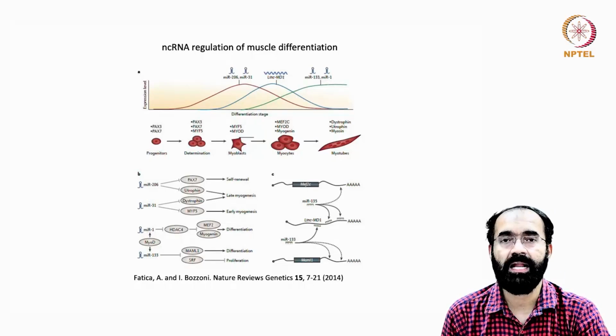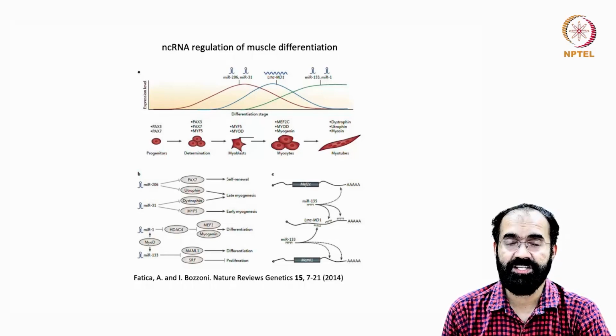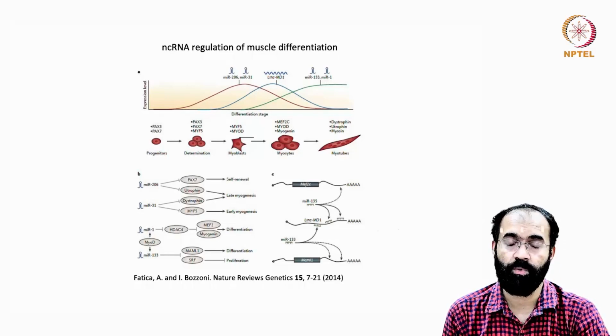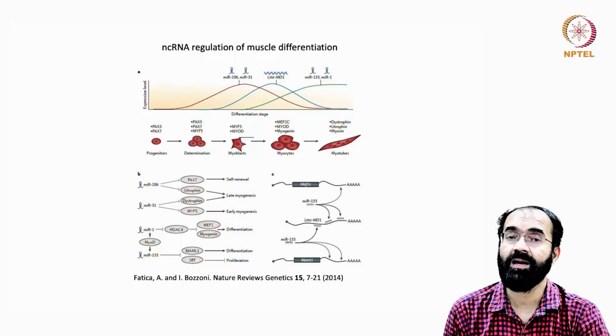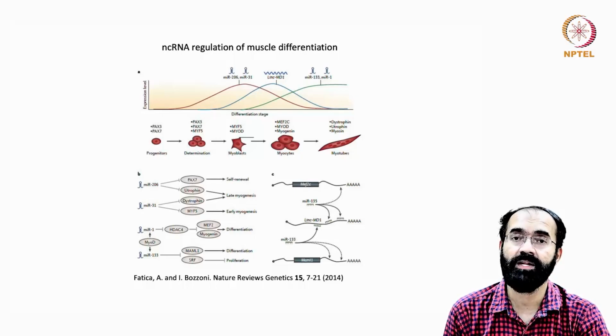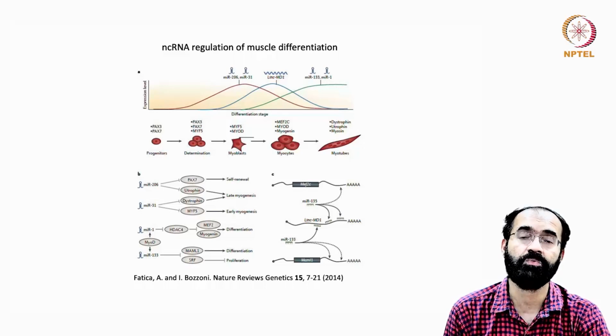So same logic applies when you are talking about the differentiation. When a differentiation is occurring, proliferation is unwanted, and you don't want the expression of those genes that is helpful in the proliferation of the progenitors. And you also don't want the late expressing genes now. Late expressing genes will be expressed later. You don't want them right now.